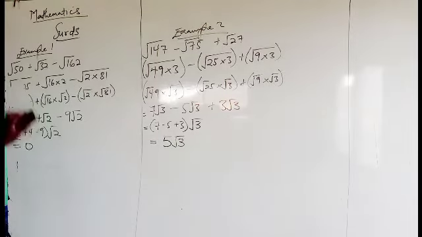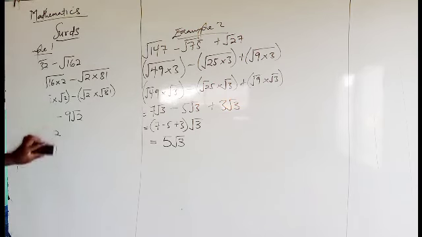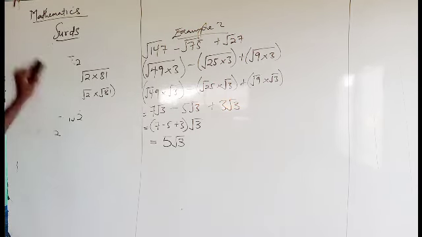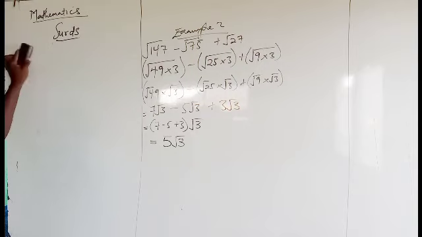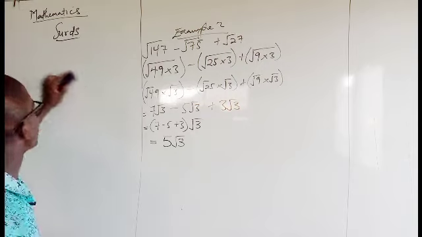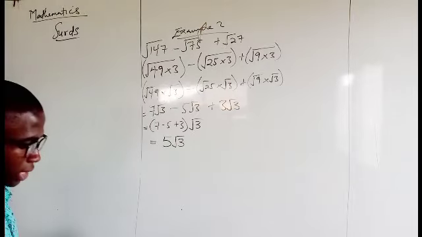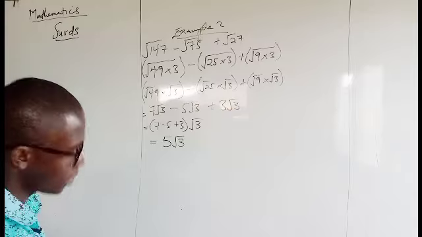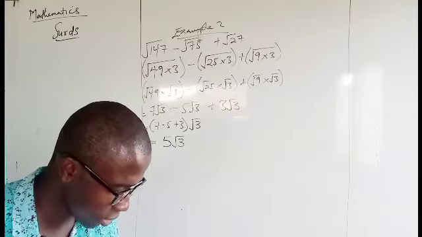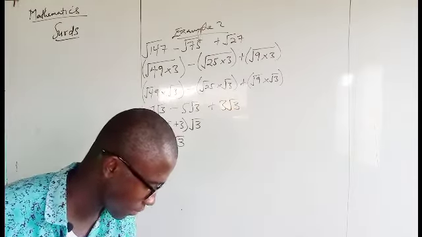So 5 root 3 is the answer to square root 147 minus square root 75 plus square root 27. Okay, so this is how to solve addition and subtraction of surds questions.